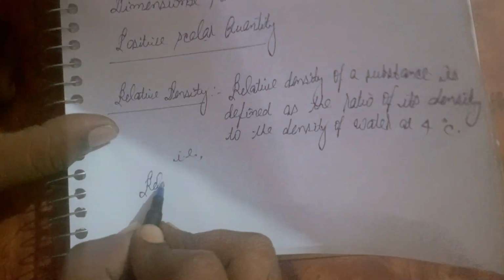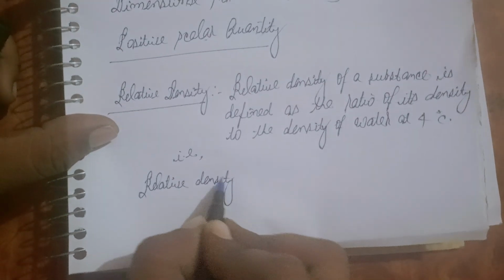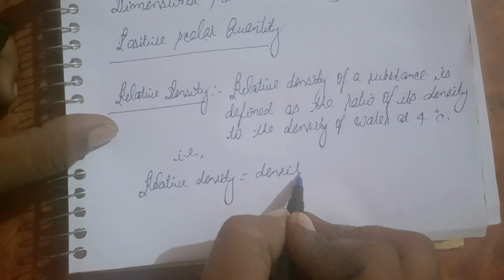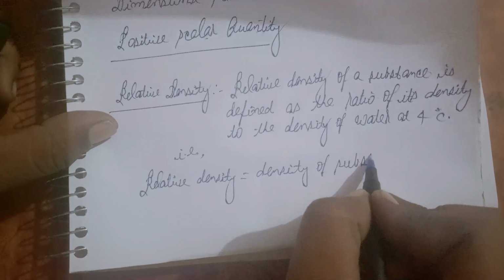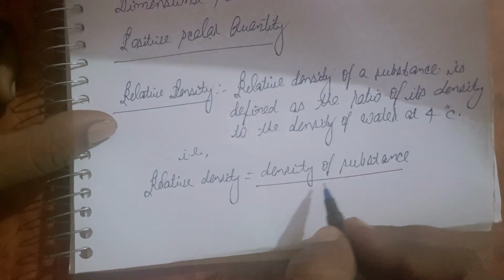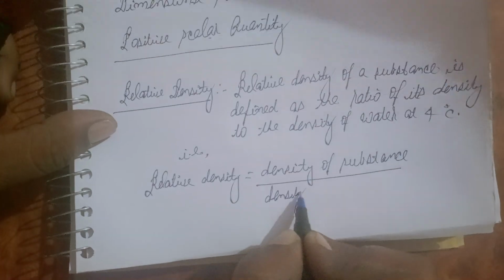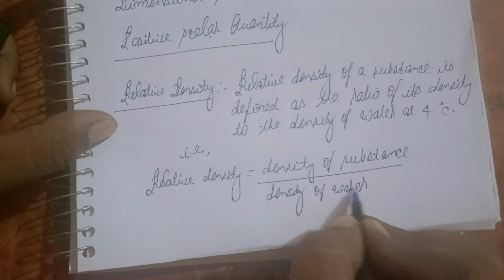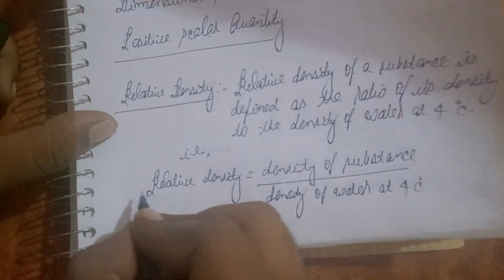Relative density is equal to density of substance upon density of water at 4 degrees Celsius.